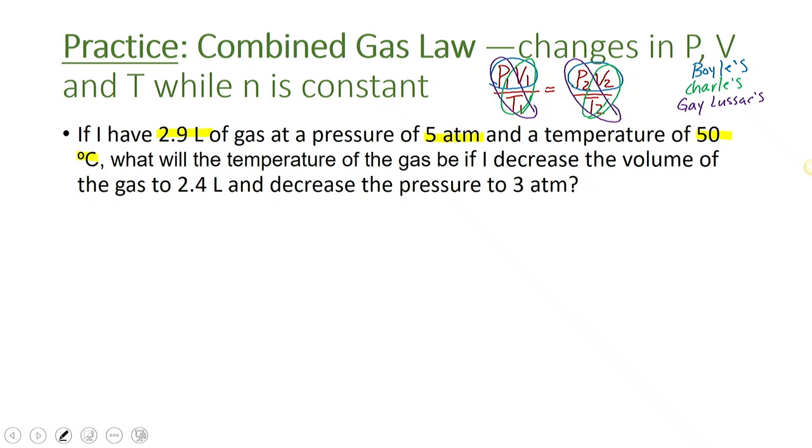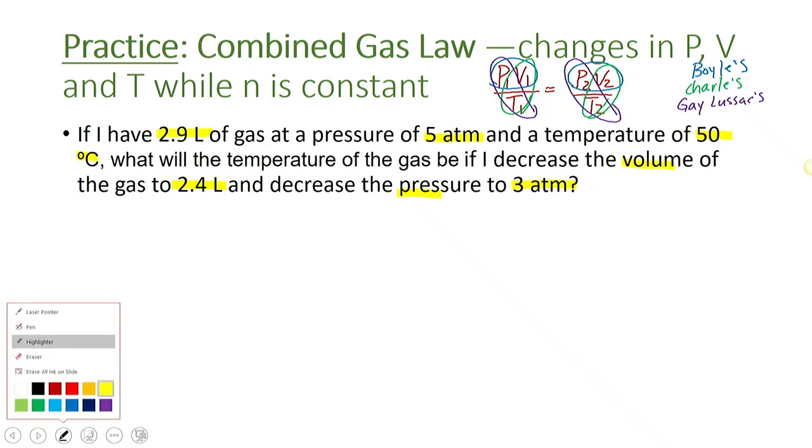Well, what is actually changing? We're changing to 2.4 liters, and pressure is going down to 3 atmospheres. All right, so we see that we've got two different units that are changing, and that's going to be our pressure and our volume. All right, and so we need to find our final temperature.